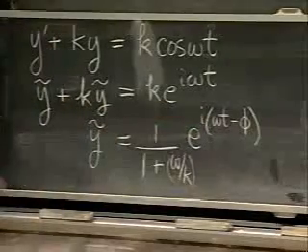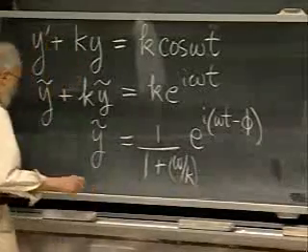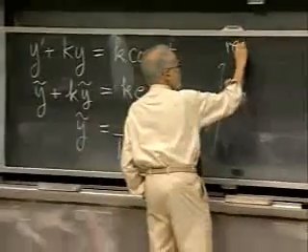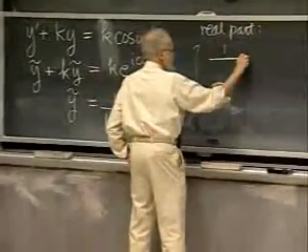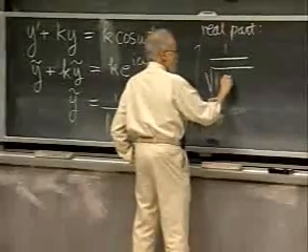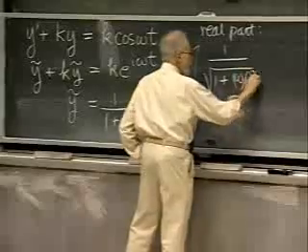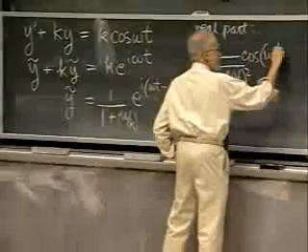It was the arctangent of omega over k, a phase lag. And then I had to take the real part of this to get the final answer, which came out to be something like 1 over the square root of 1 plus omega over k squared, the amplitude, and then the rest was cosine of omega t minus phi.